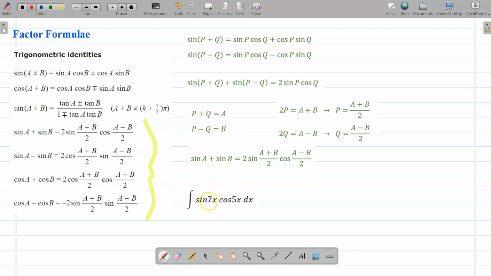And I've got to say, well, 7x has to be A plus B over 2. And 5x has to be A minus B over 2.